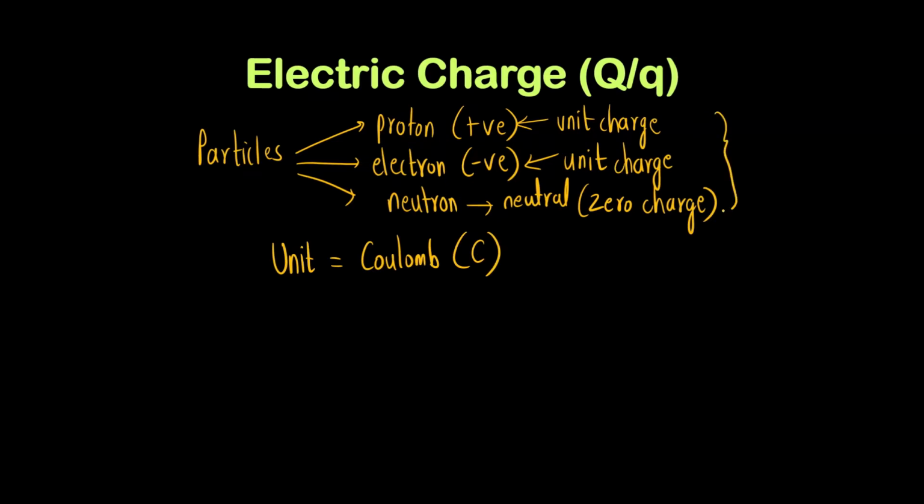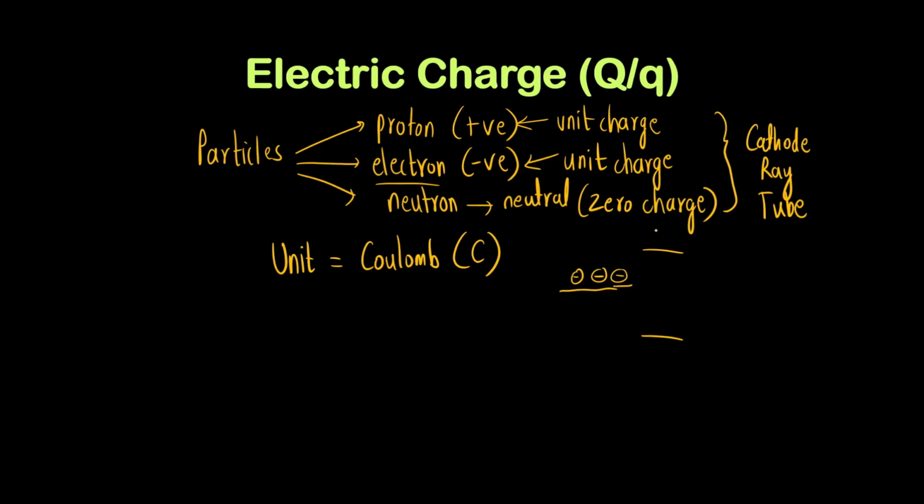And how did we come to know these positive and negative charges? That we will see in the structure of atom via cathode ray experiments. In the cathode ray tube experiment, let us say there was a stream of electrons. Electrons, we know, are negatively charged.